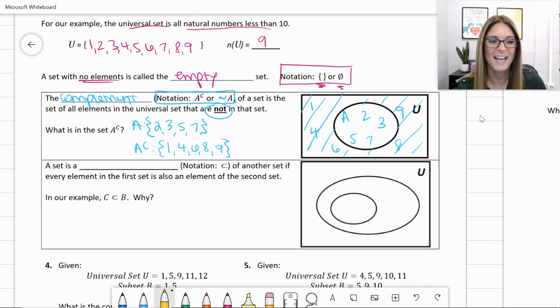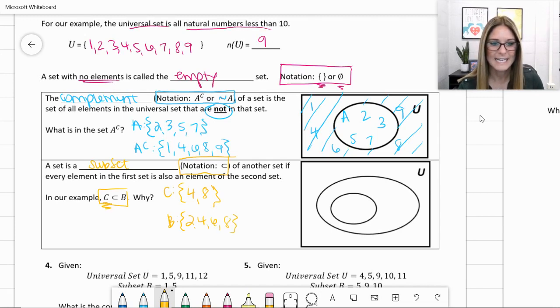Our next definition, a set is a subset. And the notation there looks like a sideways C. A set is a subset of another set if every element in the first set is also an element of the second set. In our example, C is a subset of B. Why? Well, let's list those. Set C was all the multiples of 4, so 4 and 8. And B was all of our even natural numbers less than 10, 2, 4, 6, and 8.